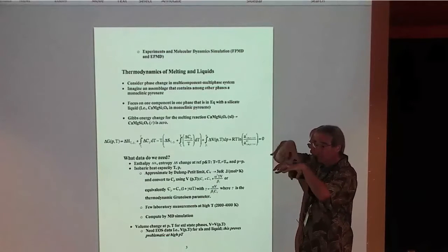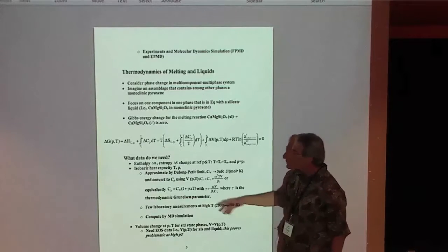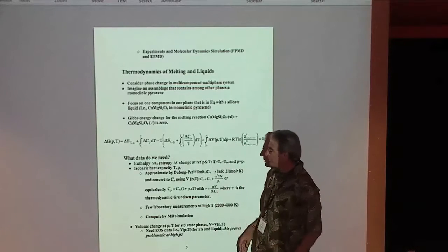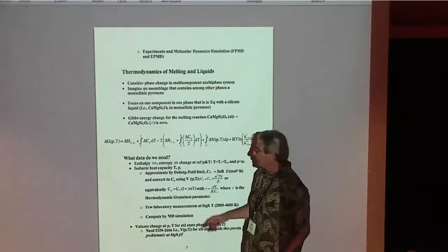Diopside liquid with diopside crystals floating in it is an equilibrium situation. How does that depend on pressure and temperature? Well, here it is in all its ugly or beautiful glory.